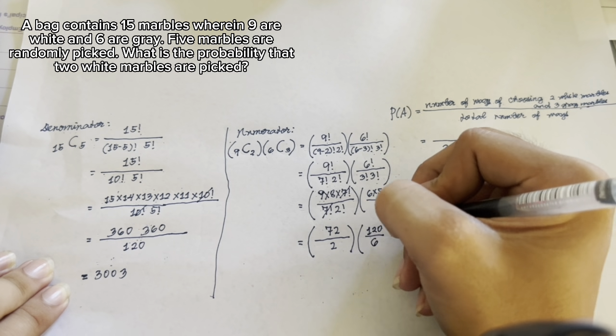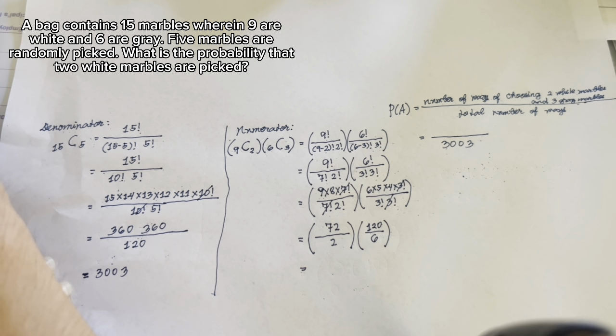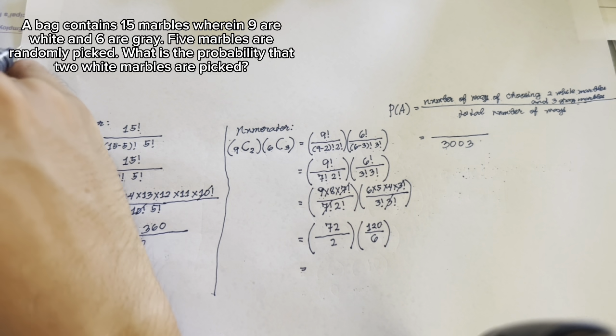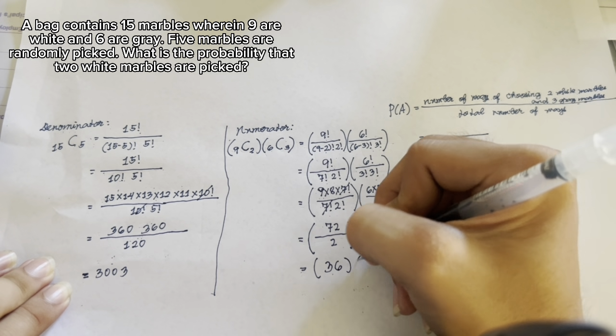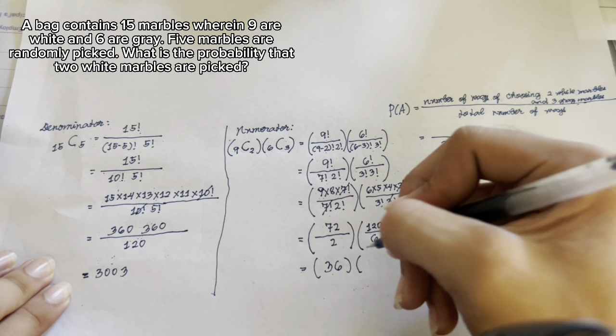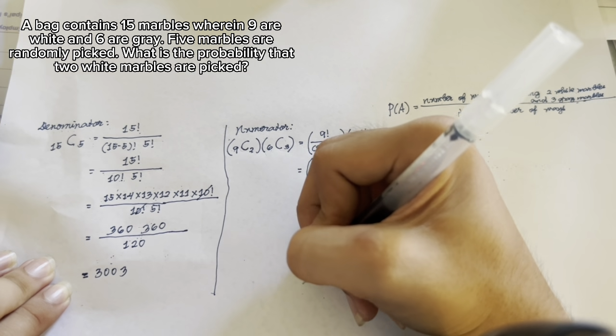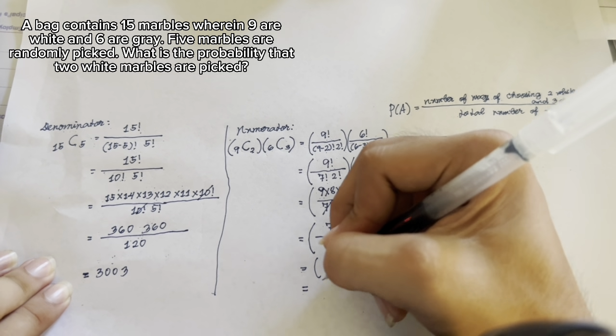Over 3 factorial is equal to 6. 72 divided by 2, the answer is 36. Then 120 divided by 6, the answer is 20. Let's multiply. 36 times 20 is equal to 720. So there are 720 ways.